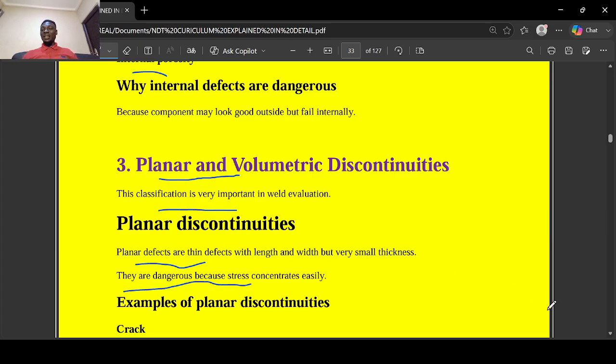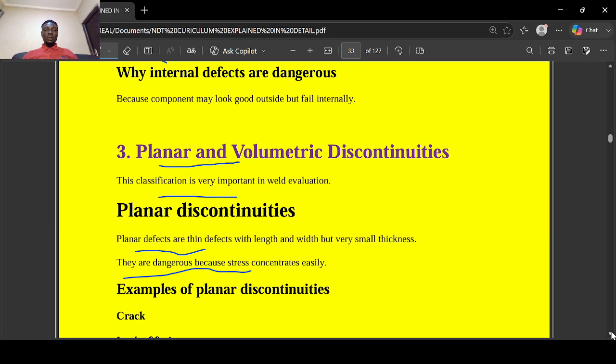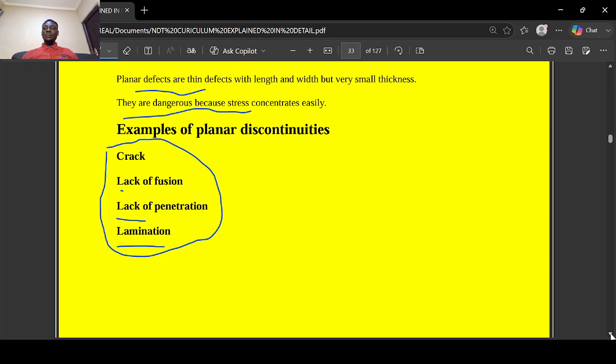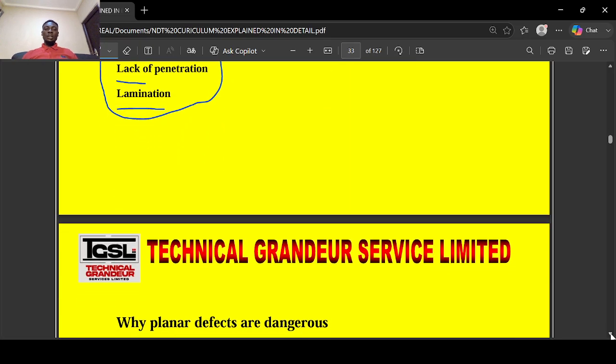These are examples of planar discontinuities: we have the crack, lack of fusion, lack of penetration, lamination. All these are planar defects. They can easily tear, so we pay close attention to them.